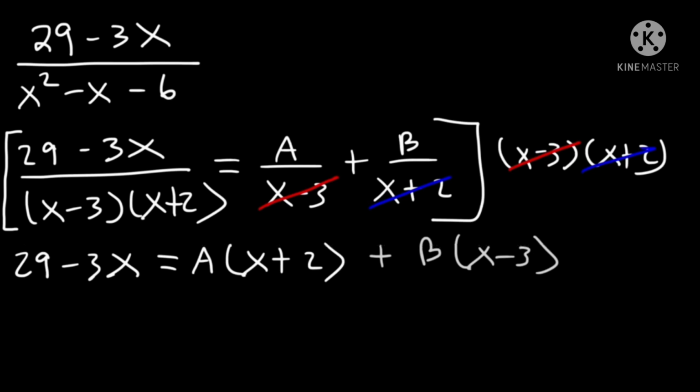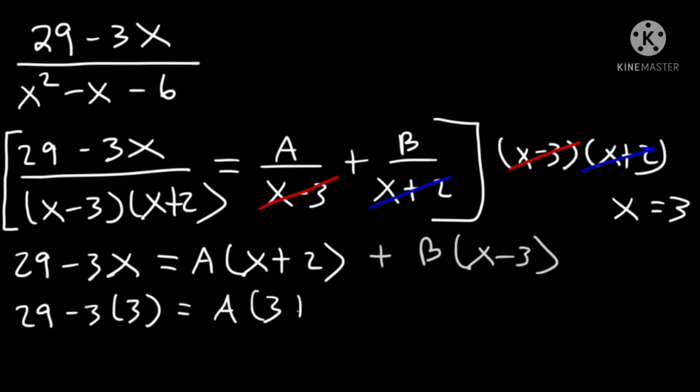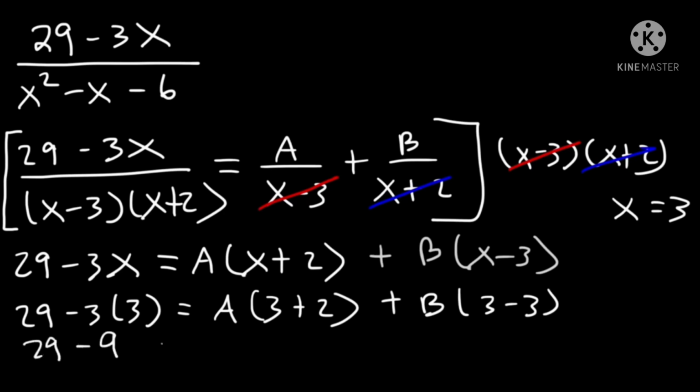So at this point, let's plug in x equals 3. This is going to be 29 minus 3 times 3, and that's equal to a times 3 plus 2 plus b times 3 minus 3. 3 times 3 is 9, and 3 plus 2 is 5. 3 minus 3 is 0, so this disappears. 29 minus 9 is 20, and that's equal to 5a.